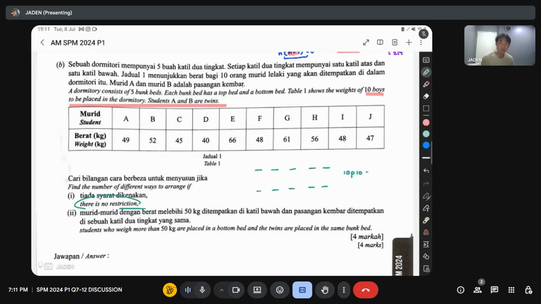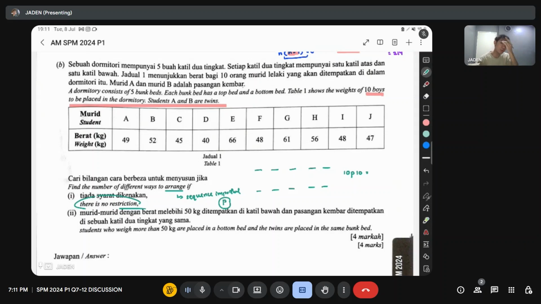You can just apply 10P10. Some students might ask, teacher, how do you know when you are going to use P and C? The word arrange means sequence is important. You're going to use P because P means your order or your sequence is important. Susunan penting.